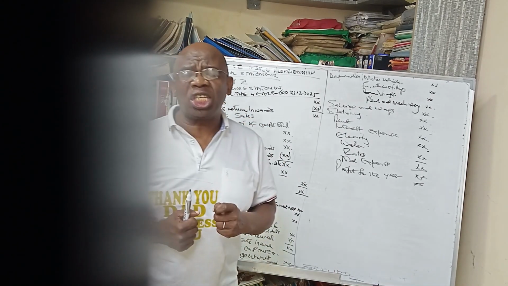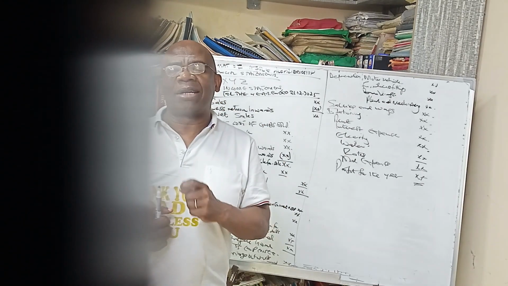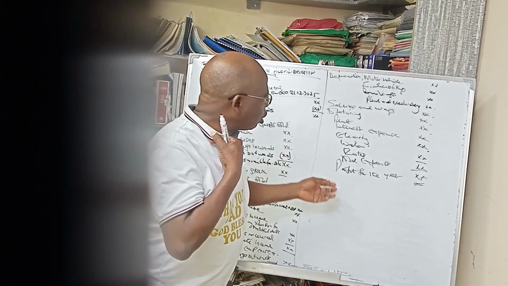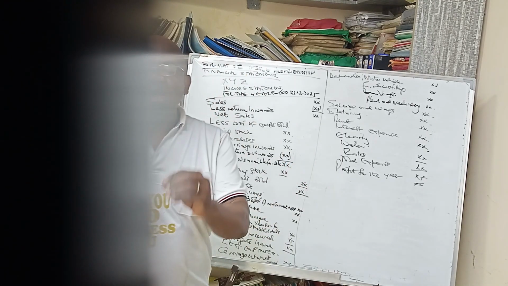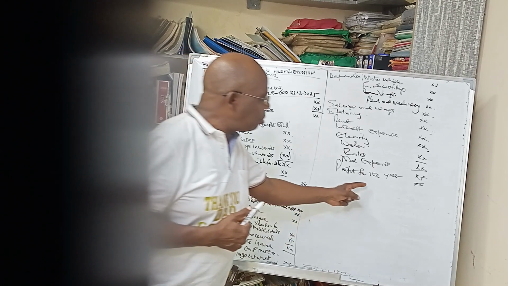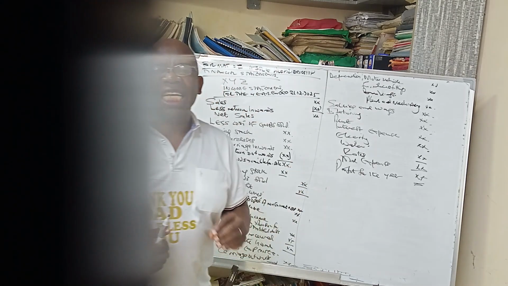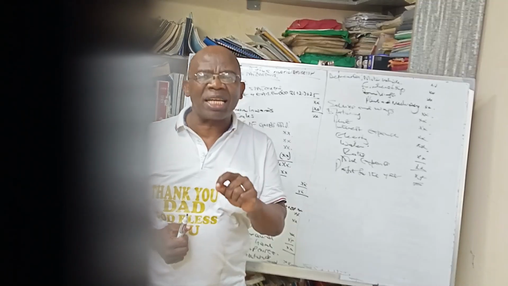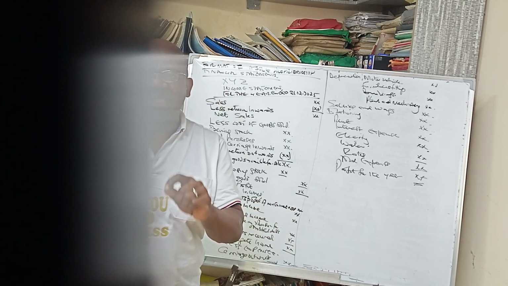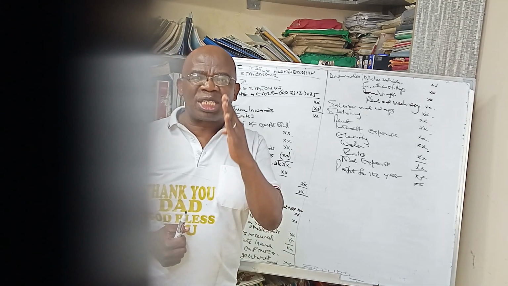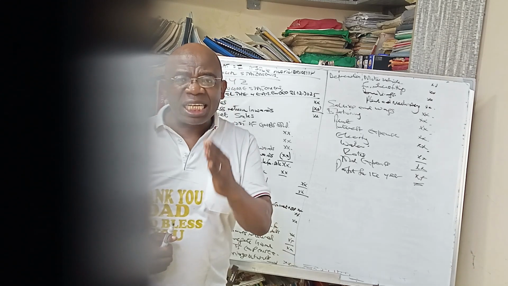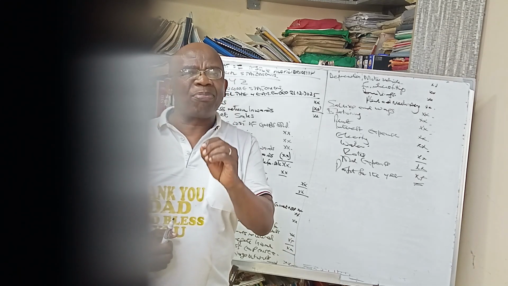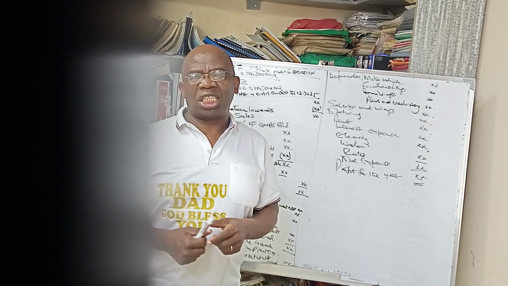What is the appropriation account? It is the part of the income statement that shows how the profit that we make will be distributed among the partners based on the rules and regulations recorded in the partnership deed.